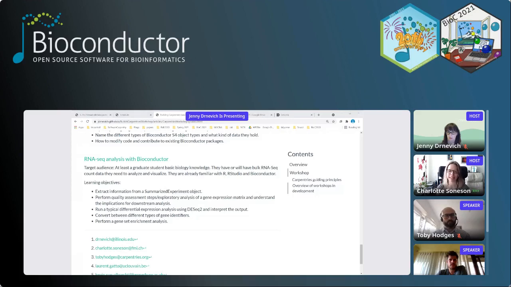It will build on the SummarizedExperiment introduction, and we will talk about things like modeling in general, experimental design, what to think about, practice some of that, testing, adding gene annotations, gene set testing. So the different concepts that help you understand what actually happens when you do differential expression analysis with RNA-seq with Bioconductor.